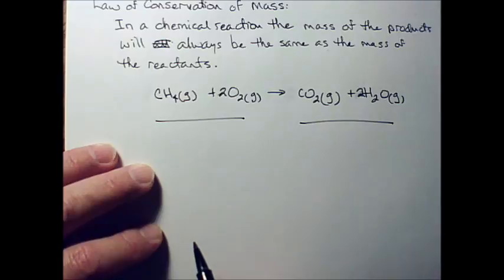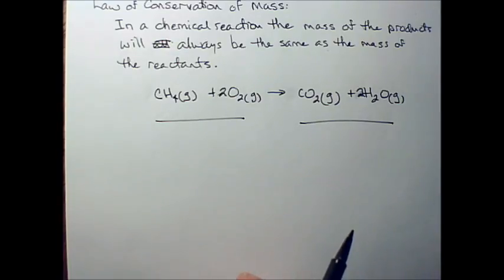A lot of times we think about matter as being something that has weight, but it doesn't. It has mass. And mass doesn't depend on gravity. Weight does. How much do you weigh on the moon? Less than that. 1/6 of what you weigh here. But your mass is the same.